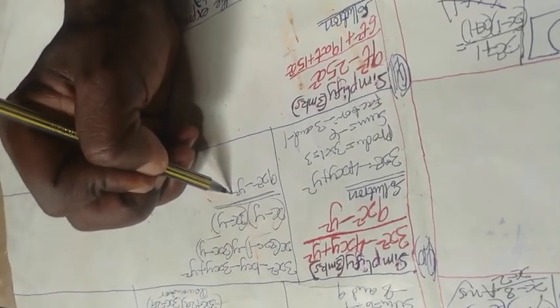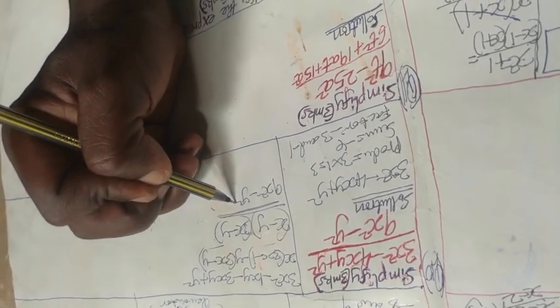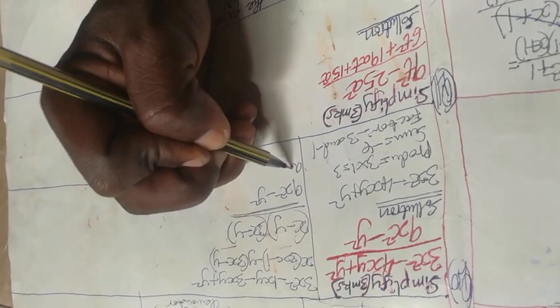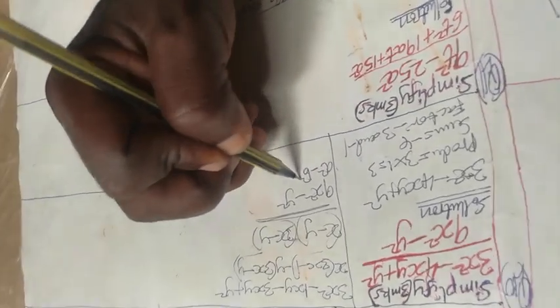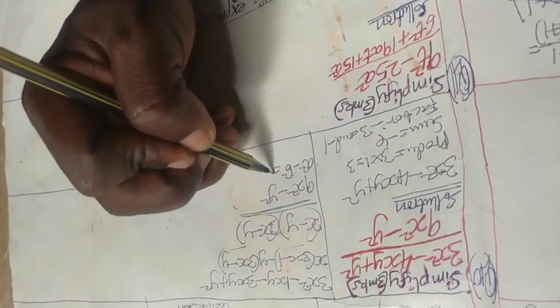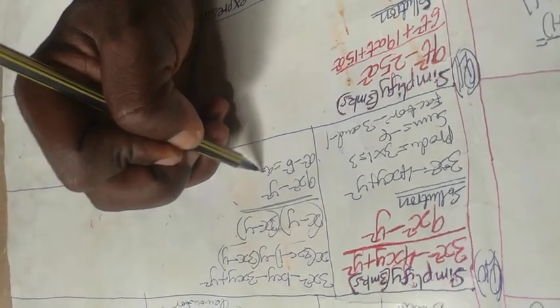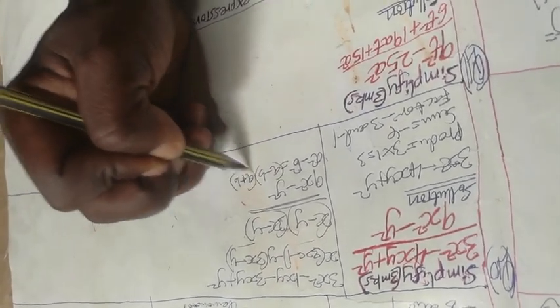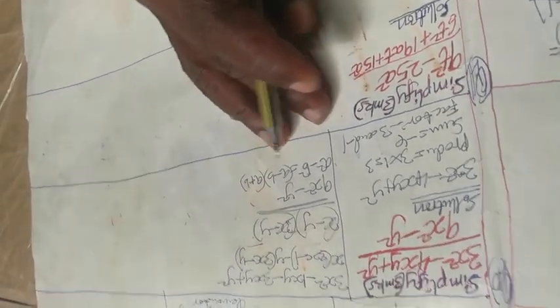This falls under the difference of two squares, which states that a squared minus b squared is the same as a minus b into brackets a plus b. You should note that.